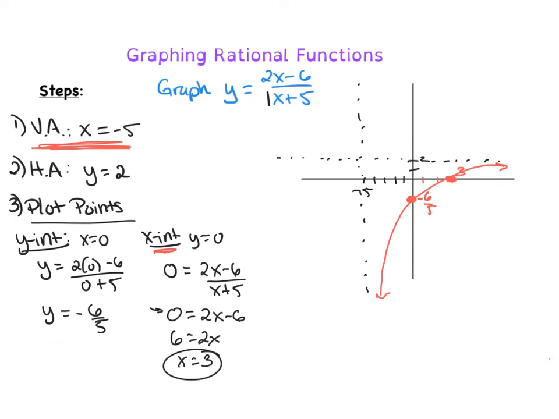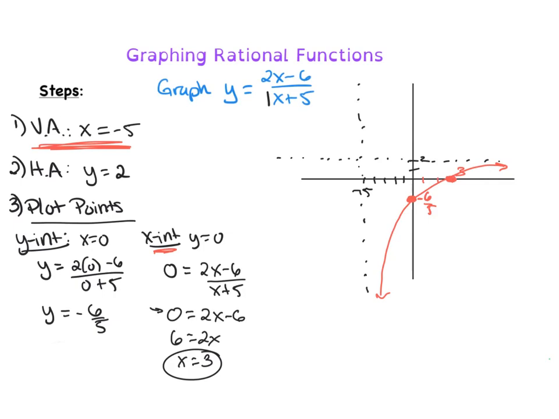I'm going to come back to crossing the horizontal asymptote in just 1 second, but here's what I want to point out. On the other side over here, we actually do know what our graph looks like on the left-hand side of the graph, even though we haven't plotted any points like -6 or -7.